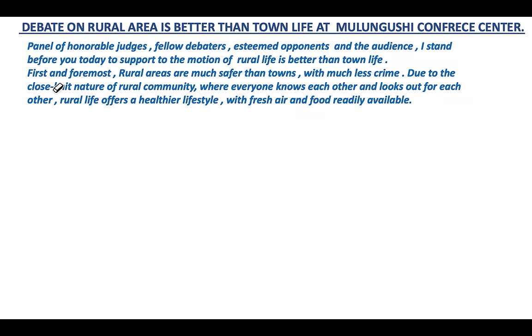And then from there, going to the main body. First and foremost, rural areas are much safer than towns, with much less crime due to the close-knit nature of rural community. I'm picking this from the given points. Remember, we are given some points there, so I'm picking those points and putting them in the composition.